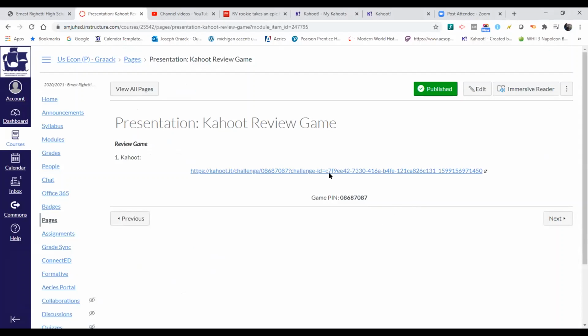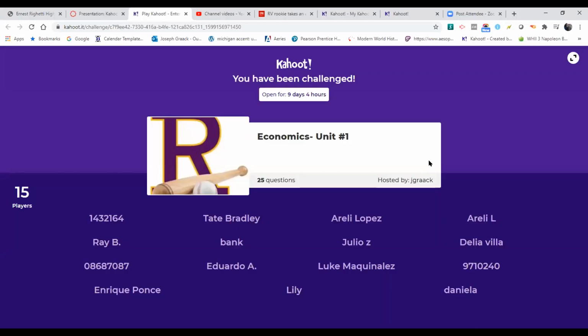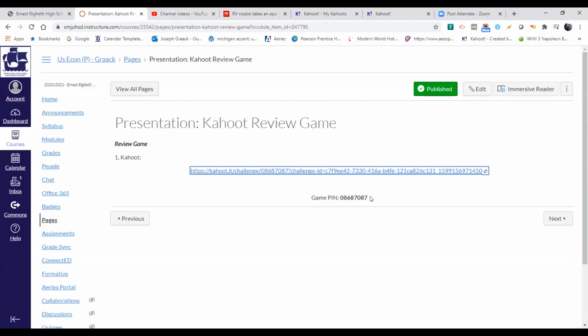From your desktop, you can click on this and enter a game code, and it will ask you, are you ready, set, and you can practice. If you're on a mobile device, it's going to ask you to download the app and then use that game pin. But this is open all the way through the 14th, so you can practice those questions as many times as you want.